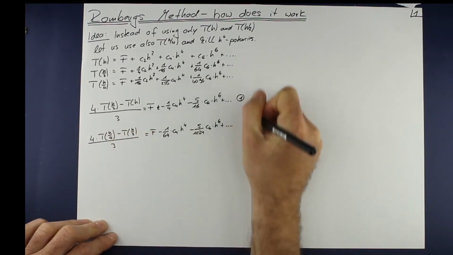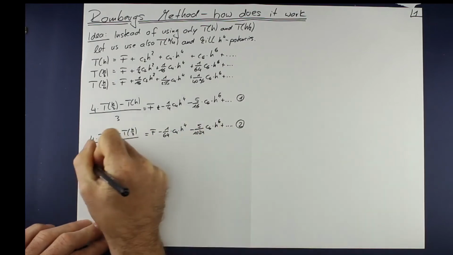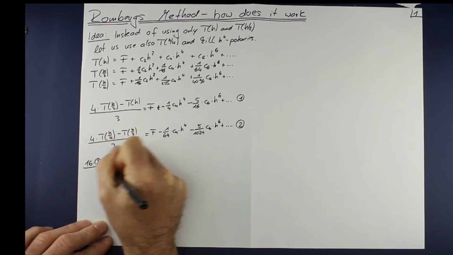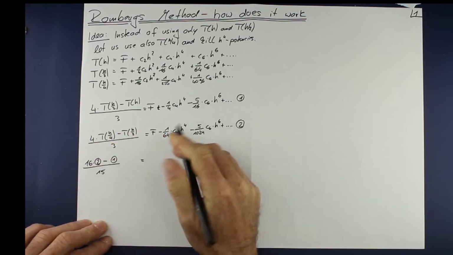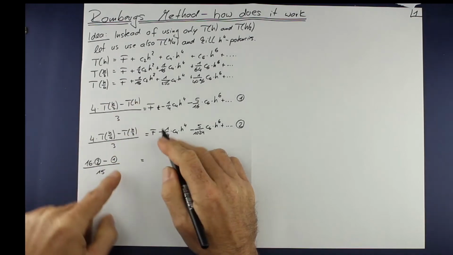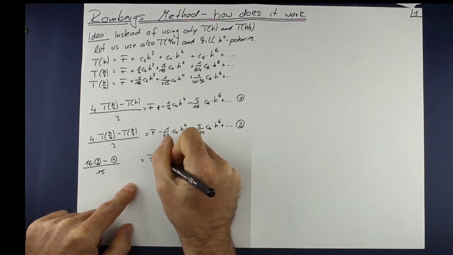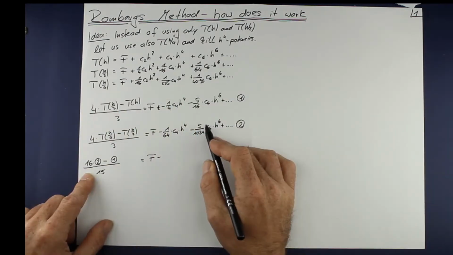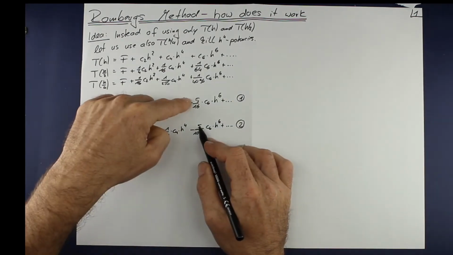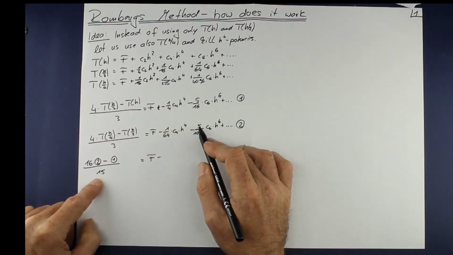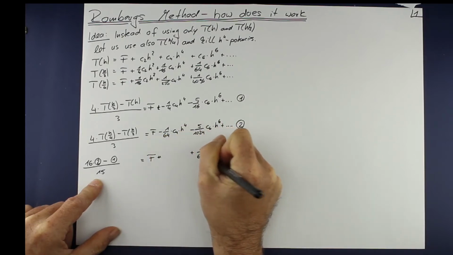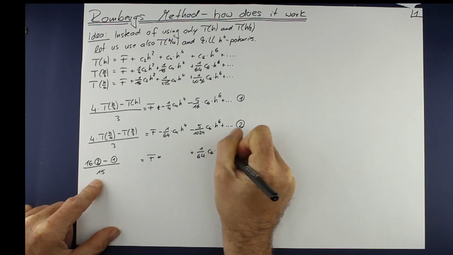If that is 1 and that is 2, then let's do 16 times 2 minus 1 divided by 15. And we get 16 minus 1 divided by 15 is 1f. Okay, then this cancels, nothing left. And now 16 times that minus that divided by 15. I did that calculation, and the result is a plus 1 divided by 64 C6 times h to the 6th power.